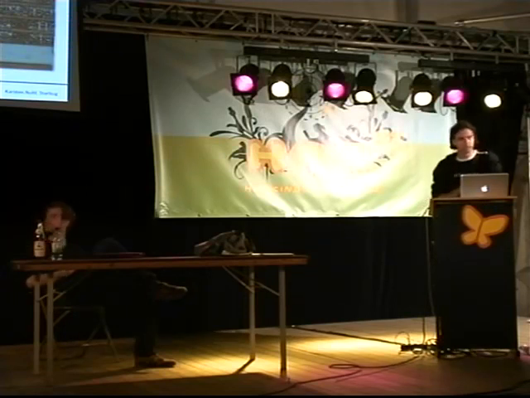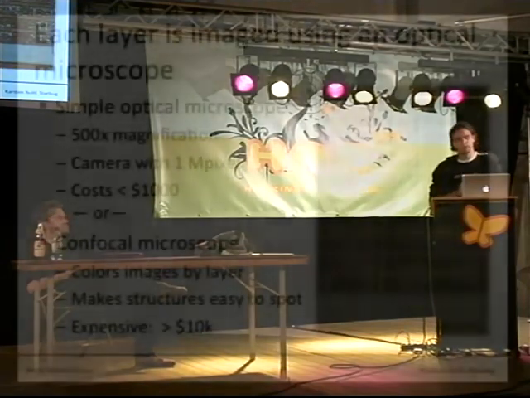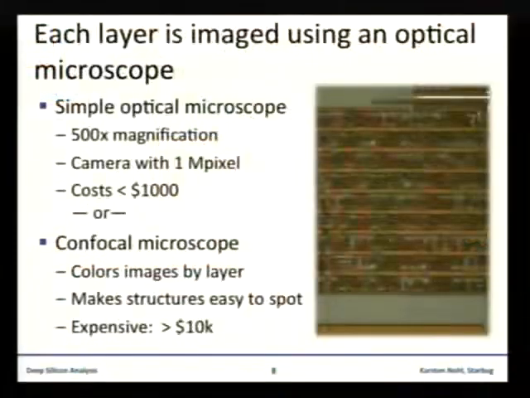So after the polishing or etching, you have to make pictures of the chips. At this structure size we are actually working on, we can still use optical microscopes, with magnification between 500 and 2000. It's what we are using right now.